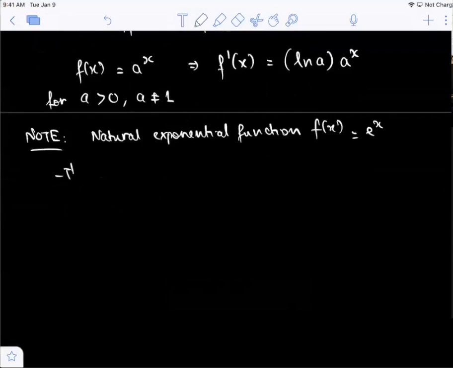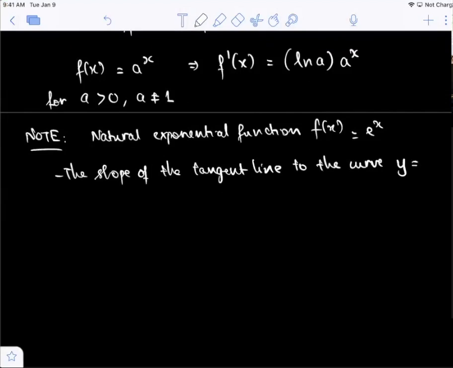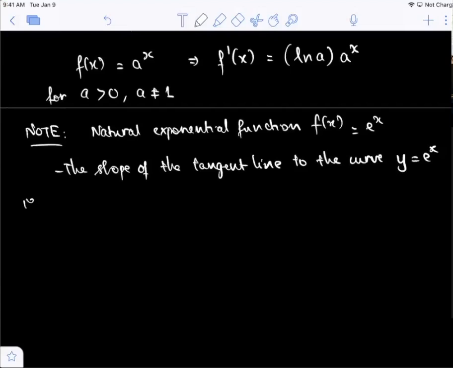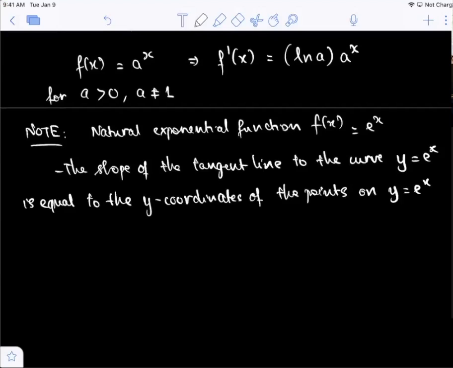The slope of the tangent line to the curve y equal to e to the x is equal to the y coordinate of the points on y equal to e to the x. So that's why the derivative function is equal to the original function.